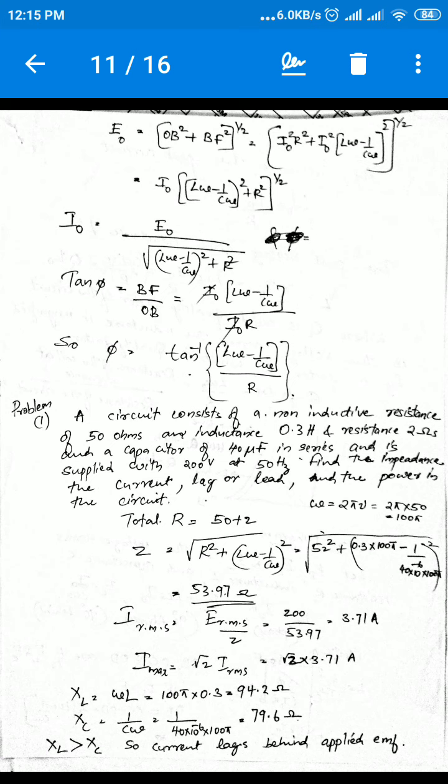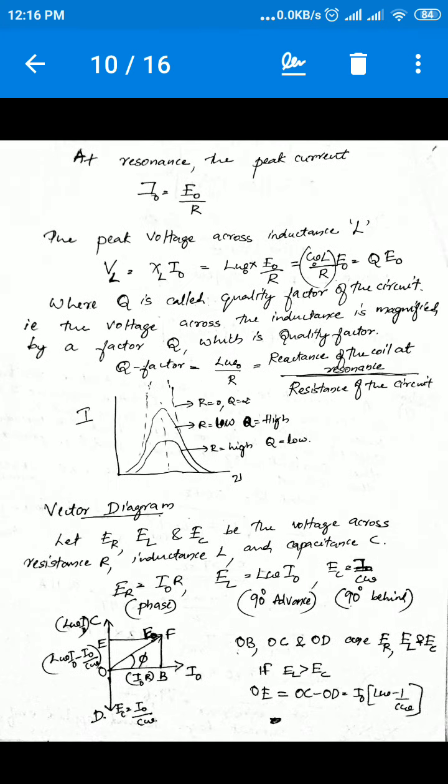So if you know I0 and E0, you can find I and E. E is E0 sin omega t. I is I0 sin omega t minus or plus phi. So tan phi is BF by OB. From the vector diagram, phi is the opposite side by the adjacent side, so BF divided by OB.